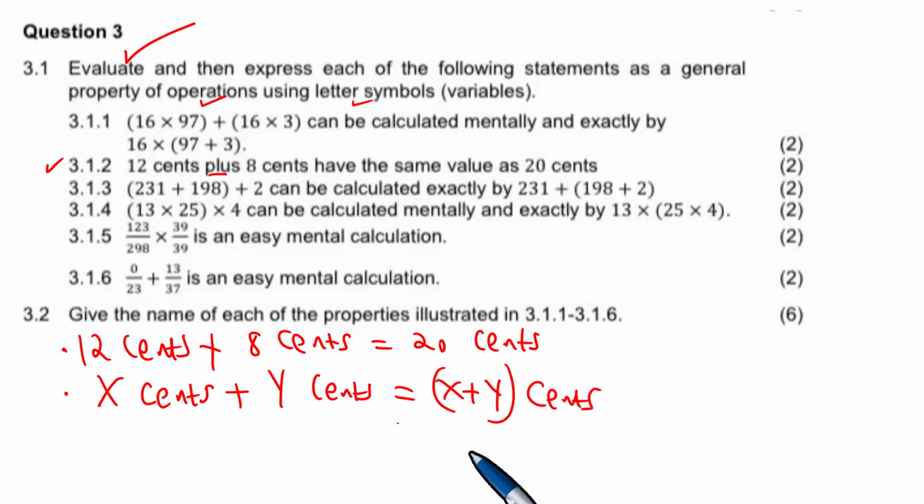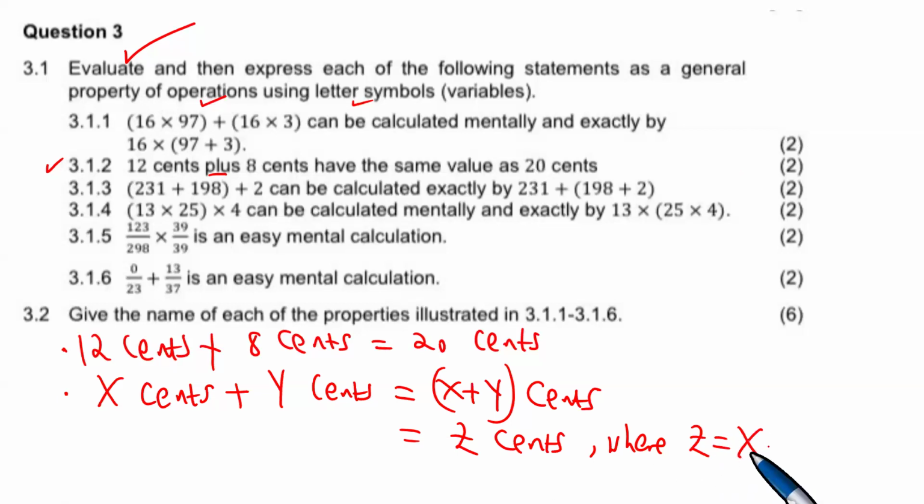This X plus Y cents can be written as Z cents, where Z is the sum of the X and the Y. So you add two numbers, you get a different number. But you can get the same number.